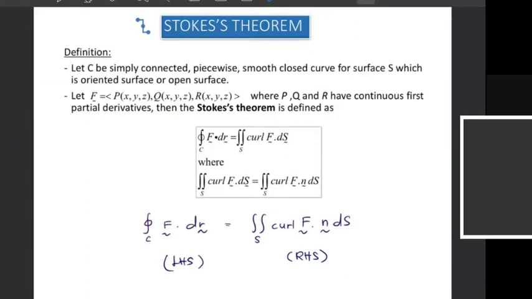Okay, let's look at the definition for Stokes. C can be a simply connected, piecewise smooth, closed curve for surface S, which is an oriented surface or open surface.